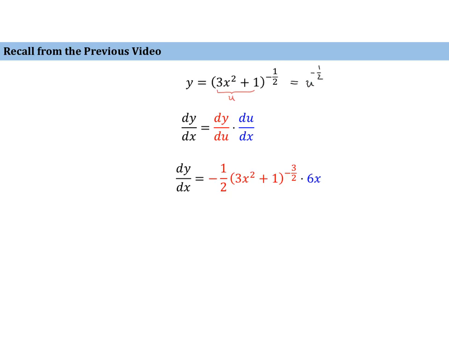So dy du is negative 1/2 times the quantity 3x squared plus 1 raised to the negative 3/2, which feels an awful lot like just the power rule. And then du dx, since u is 3x squared plus 1, the derivative of 3x squared plus 1 is 6x.